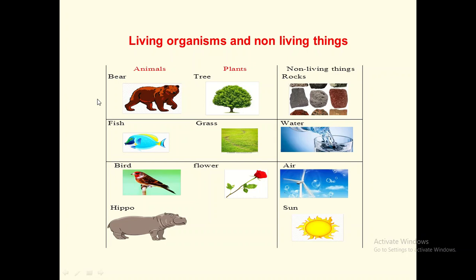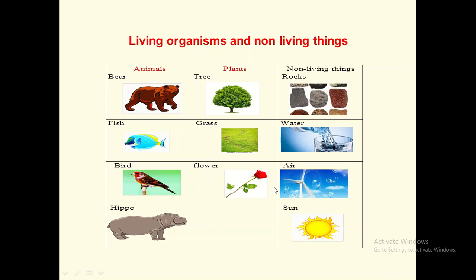Okay, the living organisms are such as animals, plants, and people. Non-living things are such as rocks, water, air, and sun.